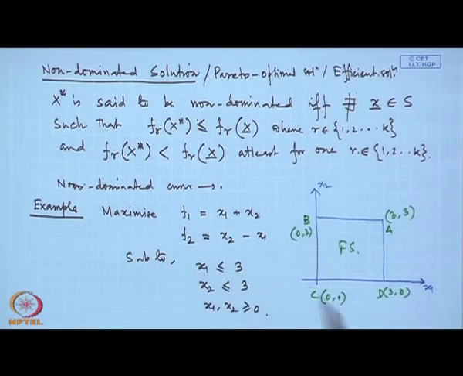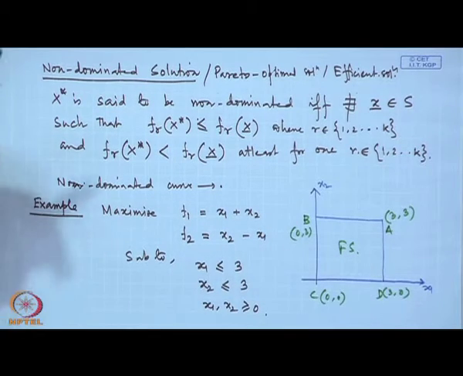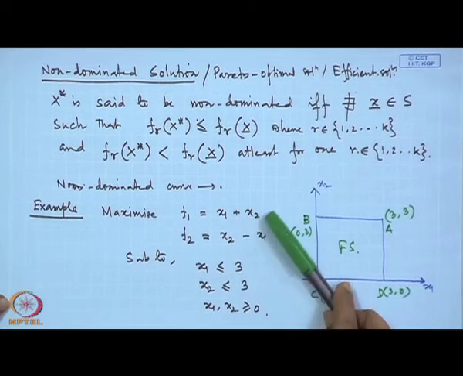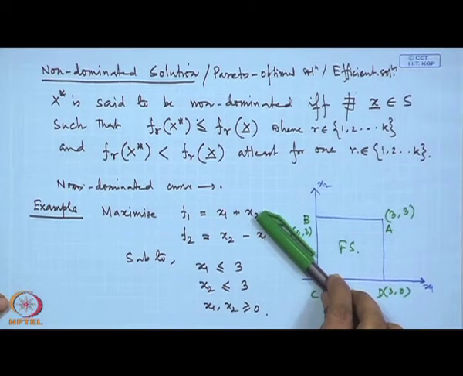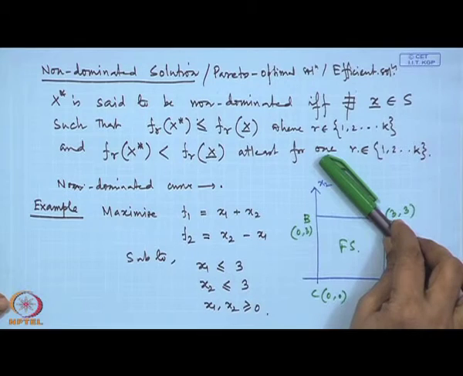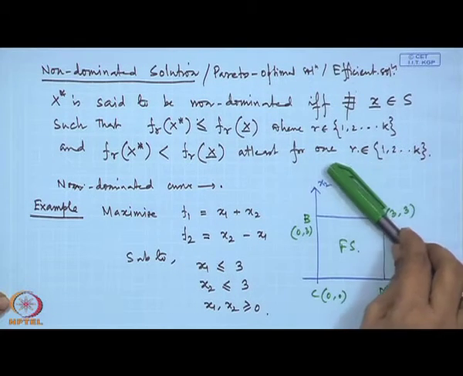Now, look at the objective function f1. The slope of the objective function is this one, and as it moves, the objective function will give the maximum value at this point, that means at point A.